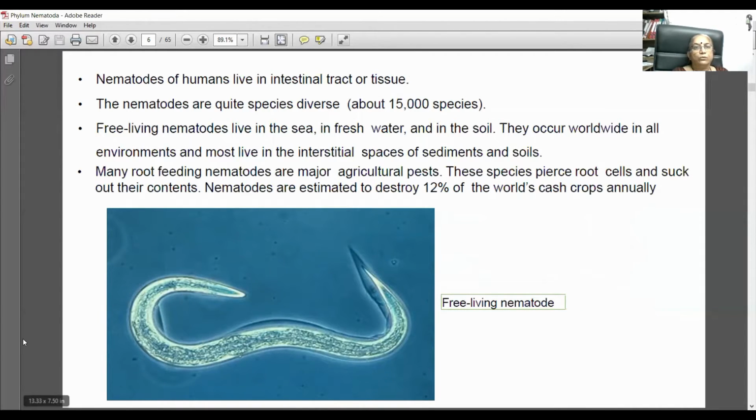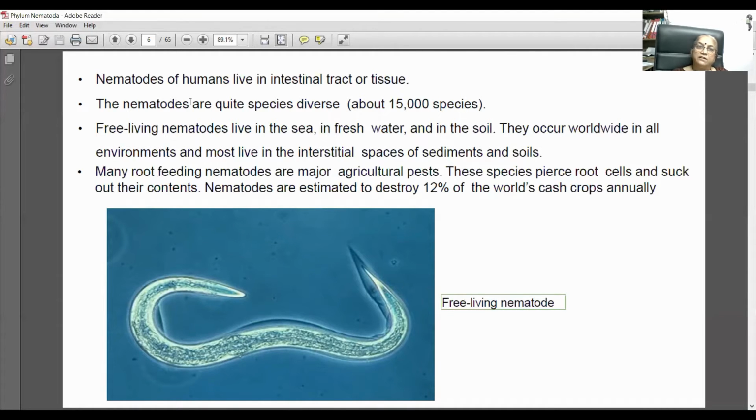The nematodes are quite diverse, with a number of species, all with different ways of functioning. There are about 1500 species of nematodes in the world. Nematodes can be parasites or even free living. Free living nematodes are present in the sea, in fresh water, as well as in the soil.